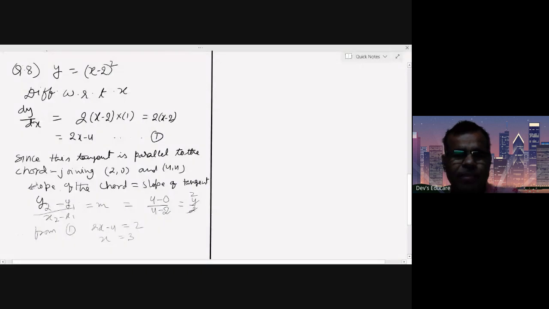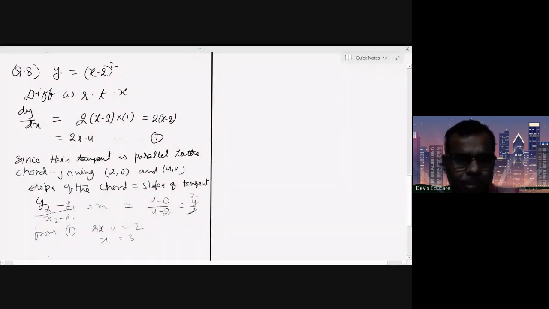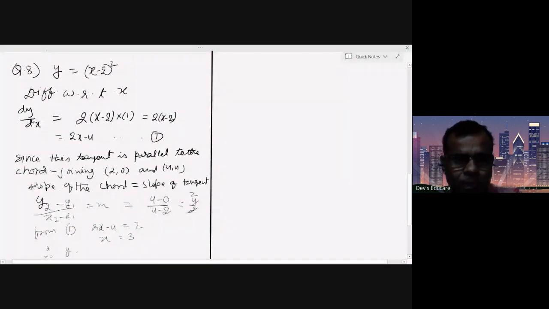And put the value of x into the equation of the curve. So y equals x minus 2 whole square, which means 3 minus 2 whole square equals 1.